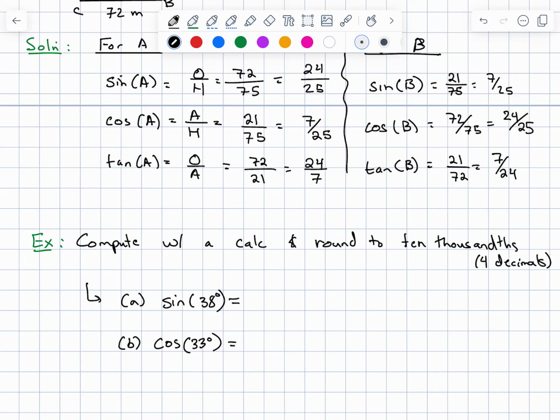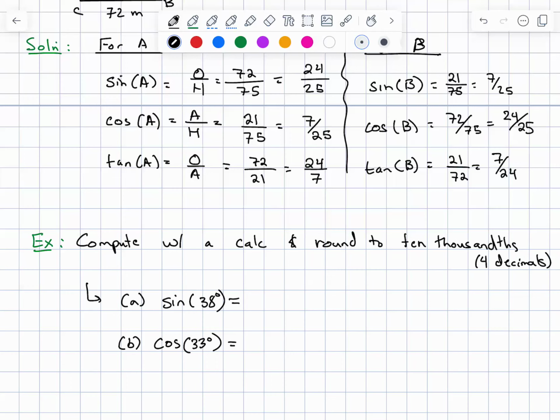Either way, there are very few angles in mathematics that have rational answers, meaning fractional answers like 1/2 or 1/4. Most angles, when you plug them into a sine or a cosine, will give you an irrational number, so there's no way to compute it by hand.